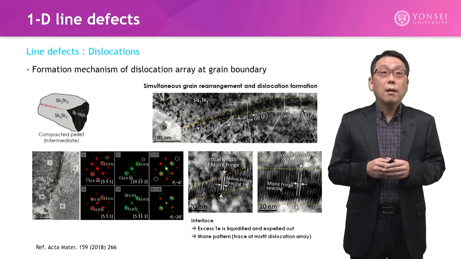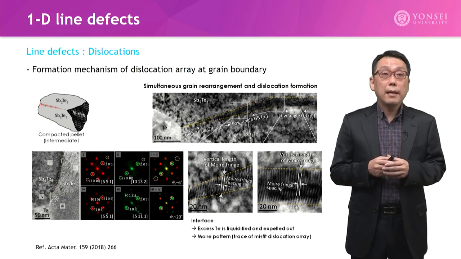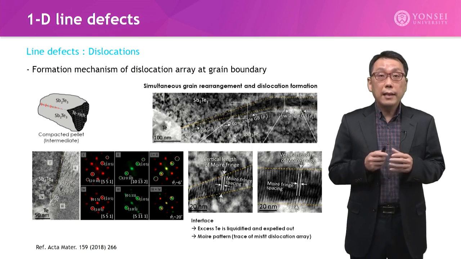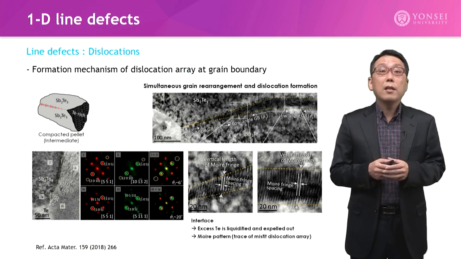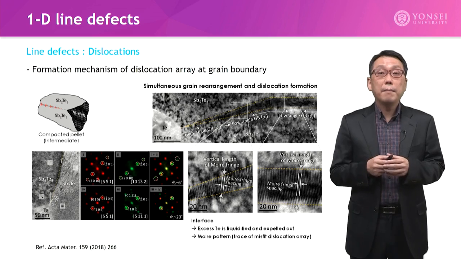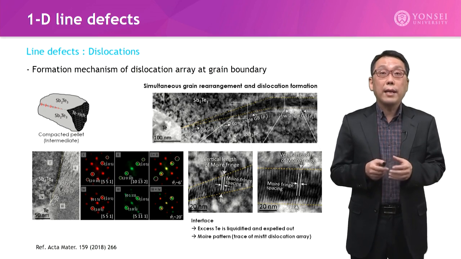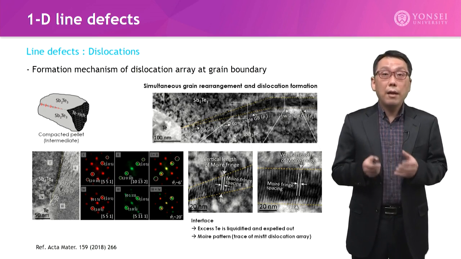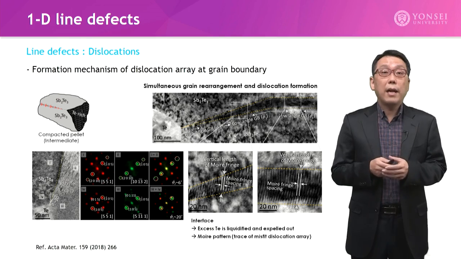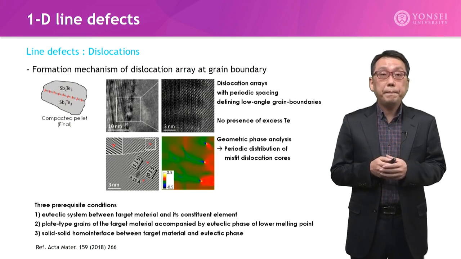And in the compacted pellet at the intermediate state, you can find that the excess tellurium is liquefied and expelled from the boundary, and you can also find moiré patterns as a trace of misfit dislocation arrays. This means simultaneous grain rearrangement and dislocation formation.